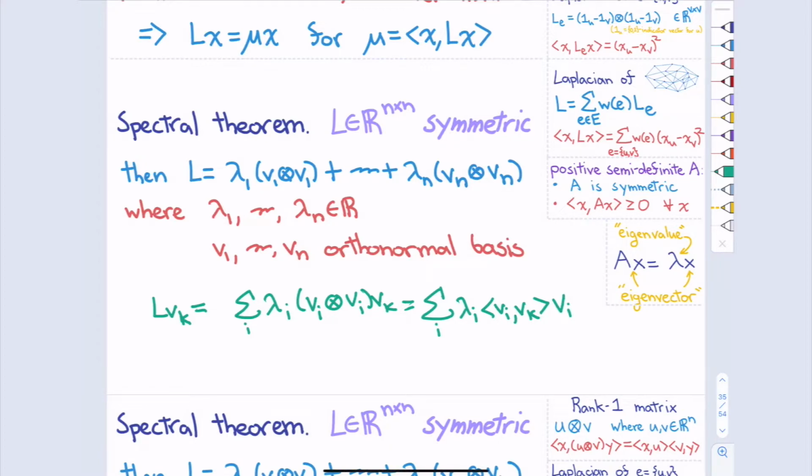And because it's orthonormal, if i is not equal to k, this becomes 0. If i is equal to k, it becomes 1. So all you're left with is lambda_k v_k. So you have this orthonormal basis of eigenvectors of L with real valued eigenvalues.